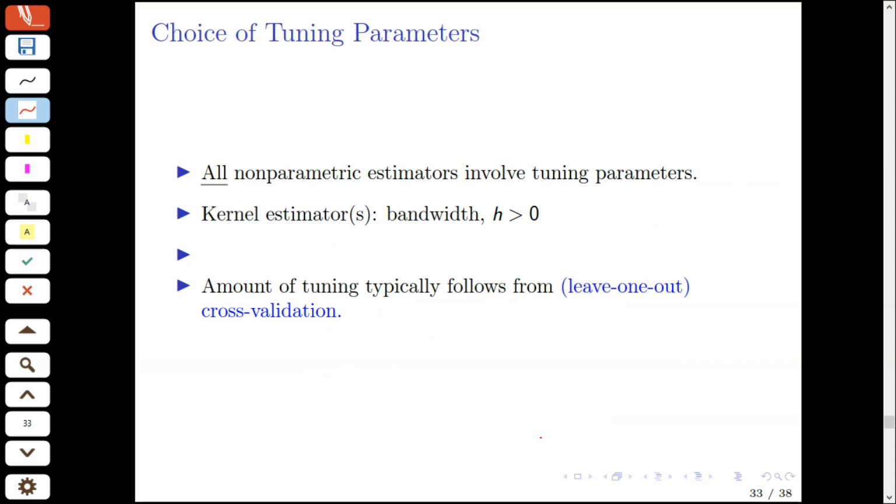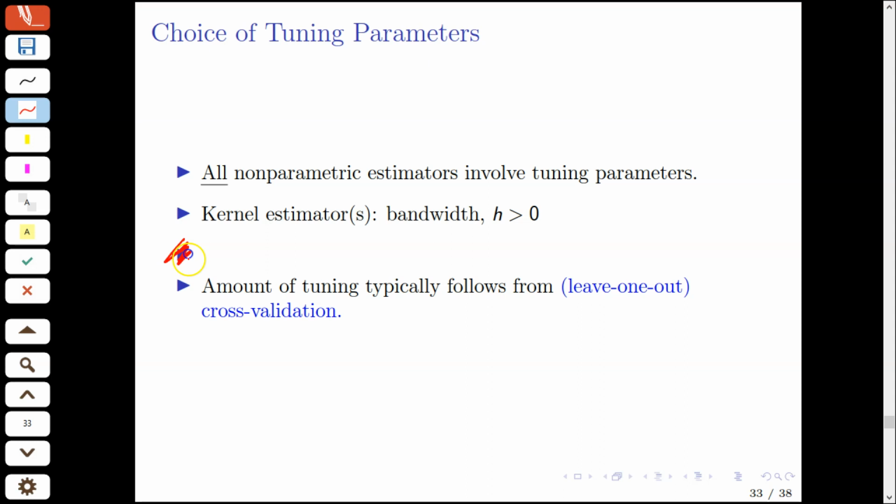Now, up to this point, we've talked about implementation as if the bandwidth h was given. But an important point to make here is that one needs to choose the bandwidth in order to implement these methods in practice. And more generally, every nonparametric estimation method involves some sort of tuning parameters, some sort of bandwidth or something pinning down a window of opportunity in a general sense in order to implement the method.